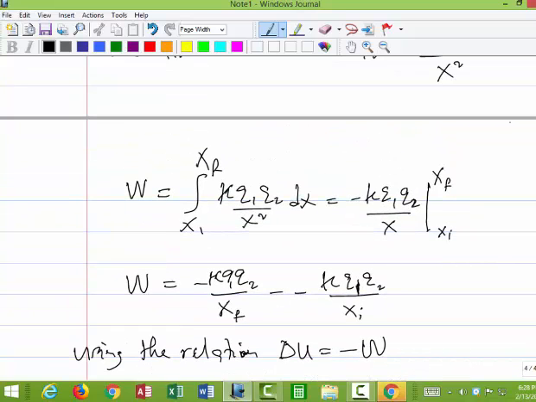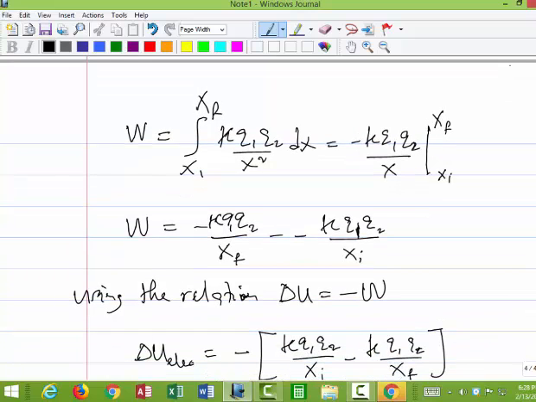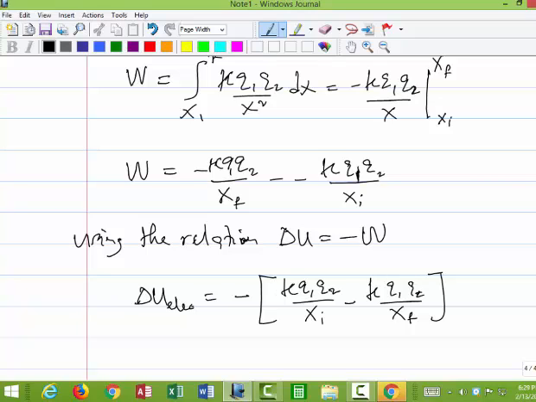Here we have a negative already because the integral of 1 over X squared is minus 1 over X. So I put that there, and then I'm taking delta U equals minus W. So I've already turned it around, and the initial one is now positive, minus the final. I haven't factored anything out yet. Remember, this is positive now, so it's going to be this side minus that side, which is what I have here.